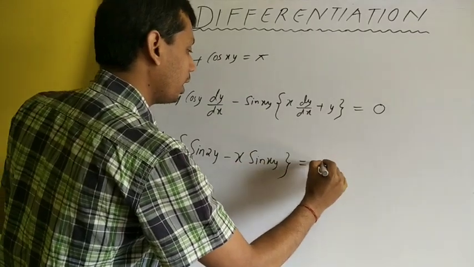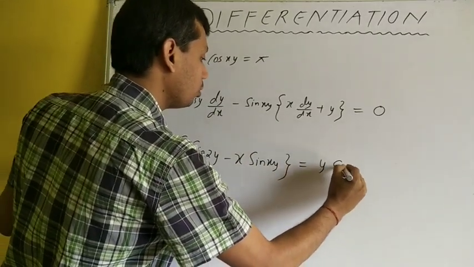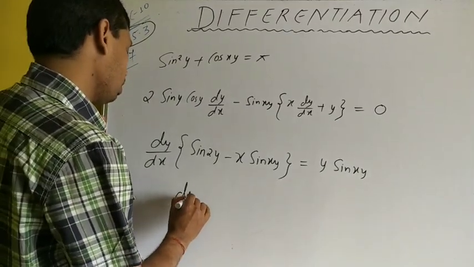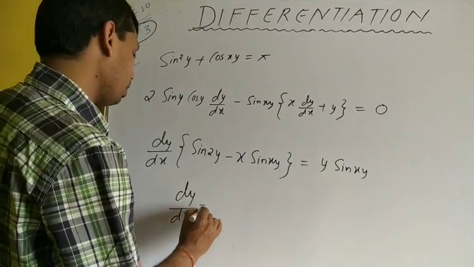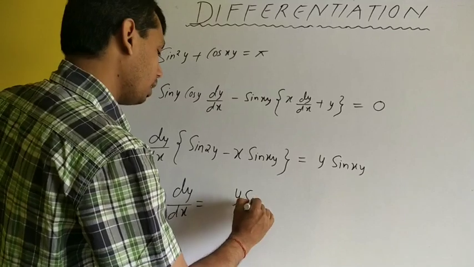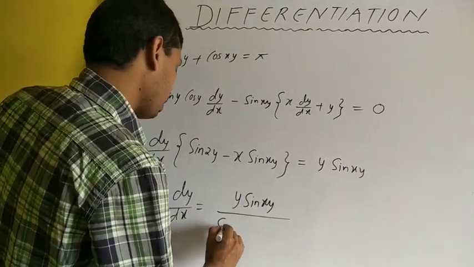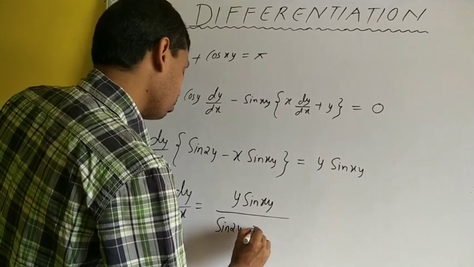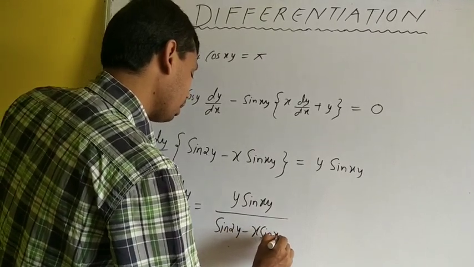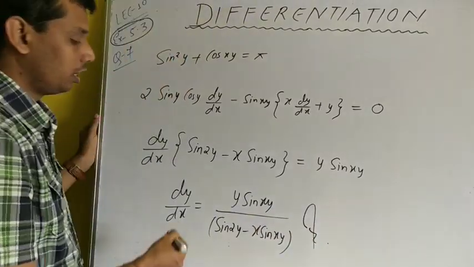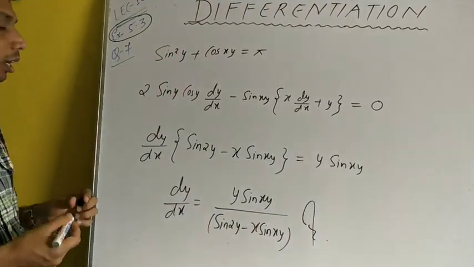If we change the side, we'll get y into sin xy. Or dy by dx is equal to y sin xy upon sin 2y minus x sin xy. Okay, this is the required answer. Here we get the value of dy by dx.